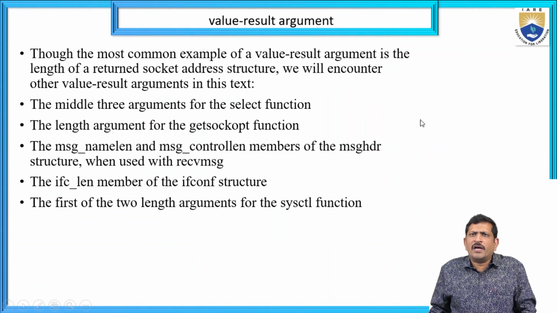Here, the most common example for the value result argument is the length of the returned socket address structure. We'll encounter other value result arguments in the text.